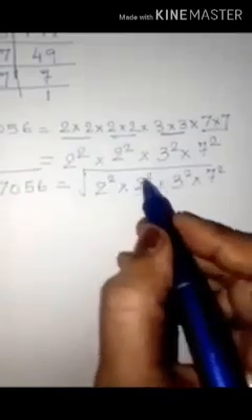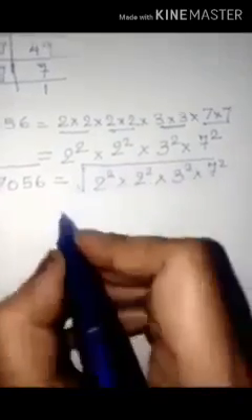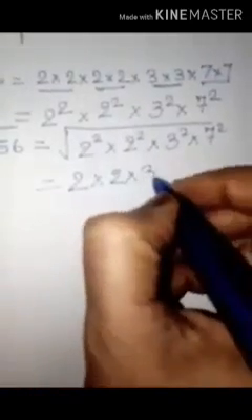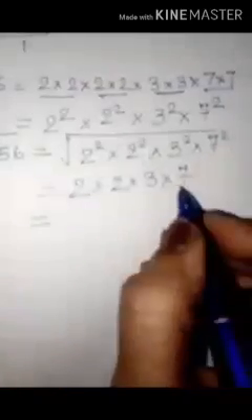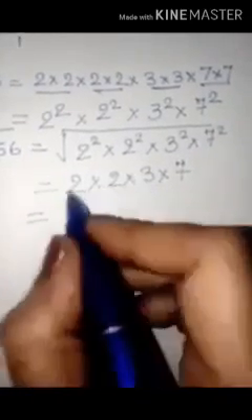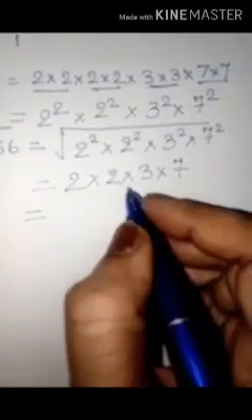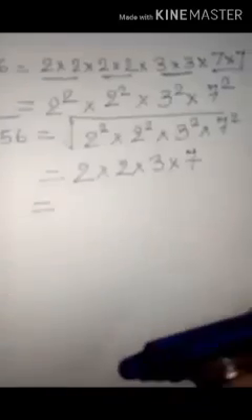All these squares will be cancelled by the square root sign. What is left? 2, 2, 3 and 7. Okay, now multiply these numbers back. 7 3s are 21 and 2 2s are 4. So when you multiply, you get 84.